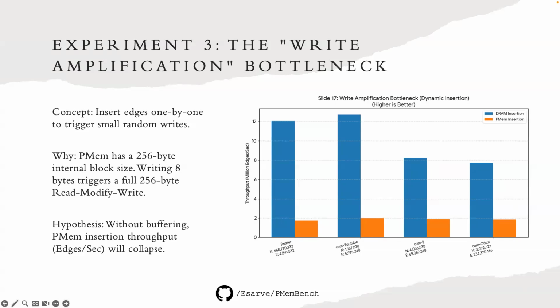You can see the DRAM, which is in the blue, has higher throughput compared to the PM. The PMs are significantly slower because of the write amplification, and the DRAM is way faster. Even for the largest graph it is very fast. We're inserting every edge one by one.